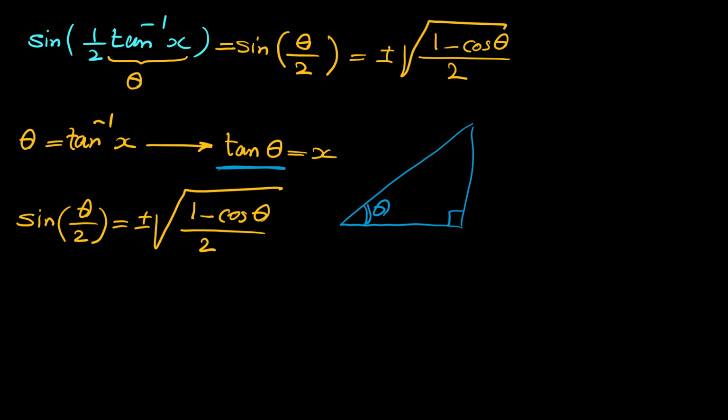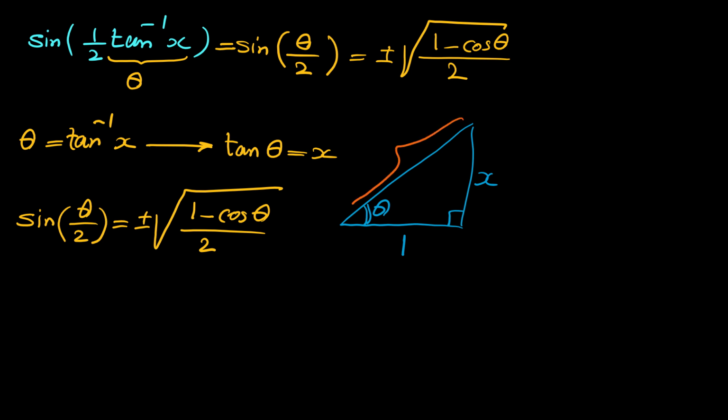Because tangent of theta is x, in this triangle the opposite side to theta is x and the adjacent is 1. Remember, tangent is opposite over adjacent. Opposite side is x, adjacent is 1, because we can write x as x over 1. Now we can use the Pythagorean theorem for finding the hypotenuse of this right triangle.